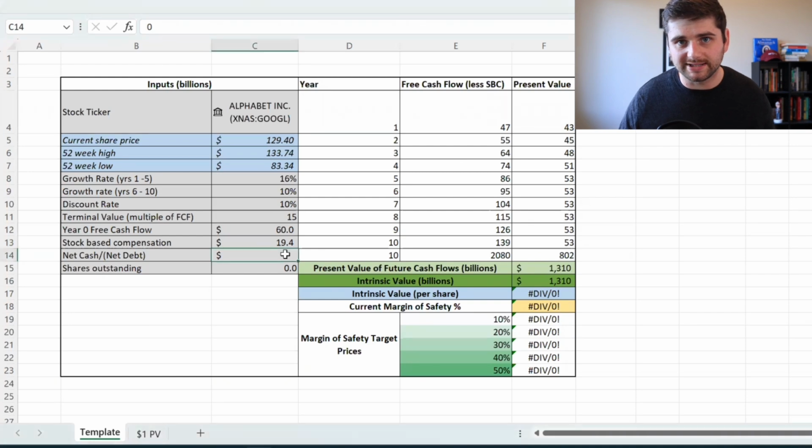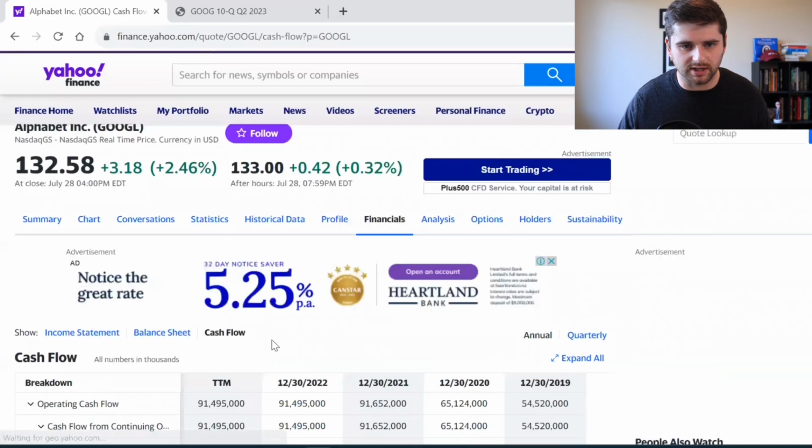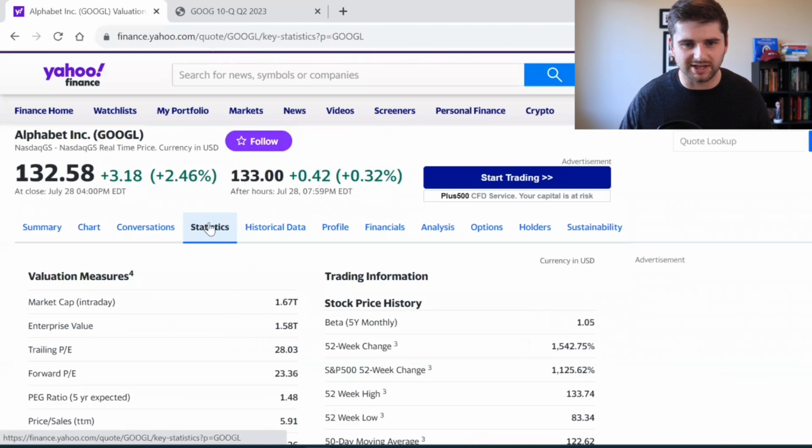Net cash or net debt. Now, when we invest in a company, we of course get the cash producing engine and the assets of the business, but we also get their balance sheet. So we get any debt that the company has and we get any cash that the company has. So if we jump back to Yahoo Finance, we can grab the necessary numbers to do an adjustment for that cash and that debt.